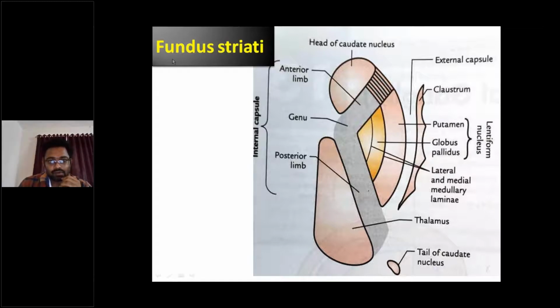I already told you about the fundus striati. The mass of gray matter below the anterior limb of the internal capsule, connecting the head of the caudate nucleus with the lentiform nucleus, is called the fundus striati. So the head is laterally related to the anterior limb of the internal capsule, lentiform nucleus, external capsule, claustrum, extreme capsule and insula. These are the relations of the head of the caudate nucleus.